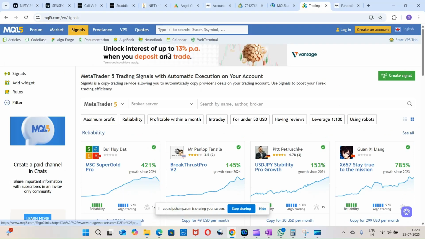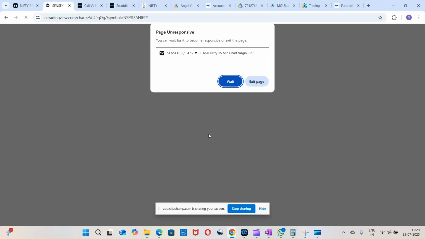So let me show how the 100k account is given in TradingView also. TradingView also you could do something similar. I'll show you that. TradingView, you could set up your own algos.